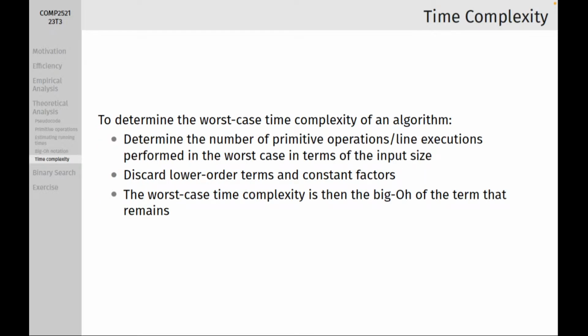And how do we determine the worst case time complexity of an algorithm? We go through the process that we went through earlier. You determine the number of primitive operations or line executions performed in the worst case in terms of the input size. The input size will be n, and you have to get some expression in terms of n. Then you can discard lower order terms and constant factors.